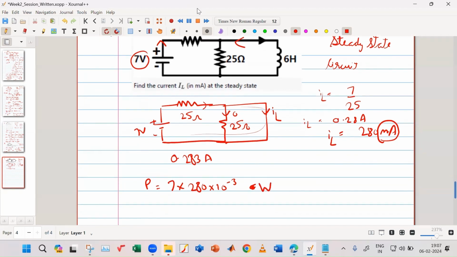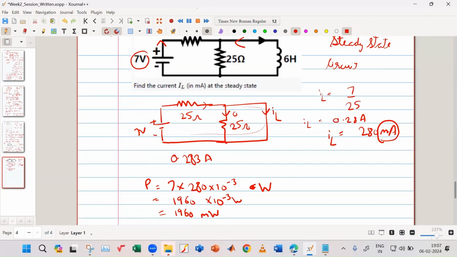This is 7 into 280 into 10 to the power minus 3 watt, which is 1960 into 10 to the power minus 3 watt. So I can write it as 1960 milliwatt.